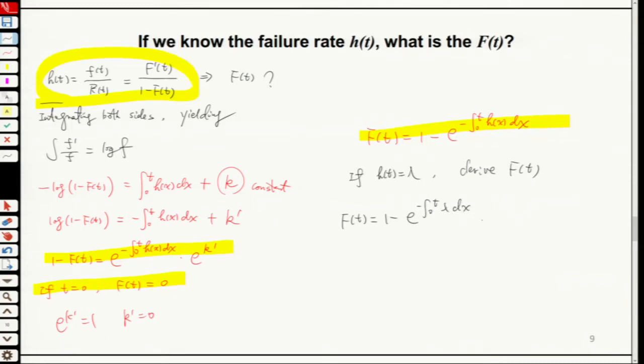So this equals 1 minus exponential of minus lambda t. Then f(t), which is F prime(t), equals lambda exponential of minus lambda t. Obviously, this is the exponential, right?